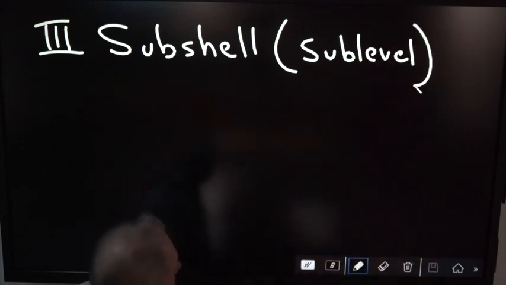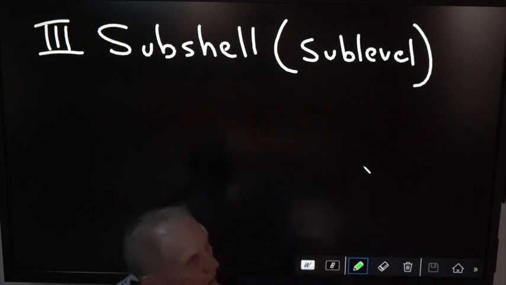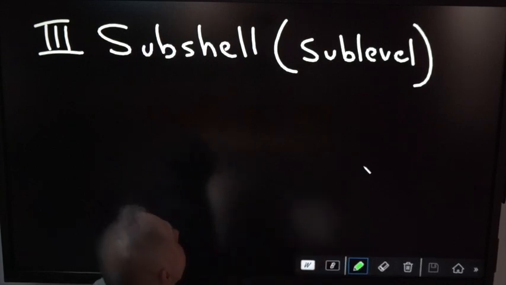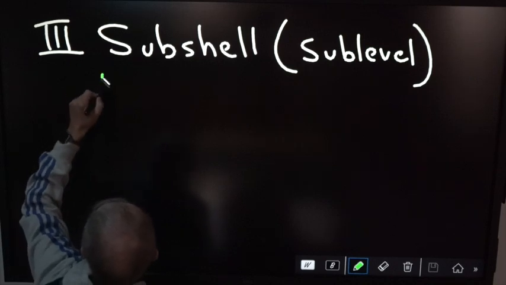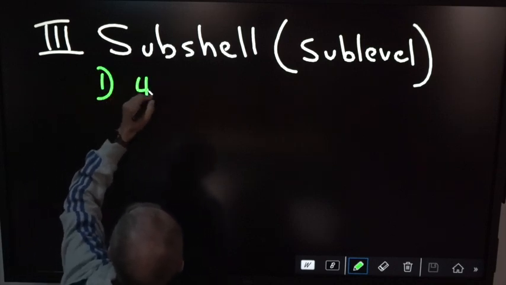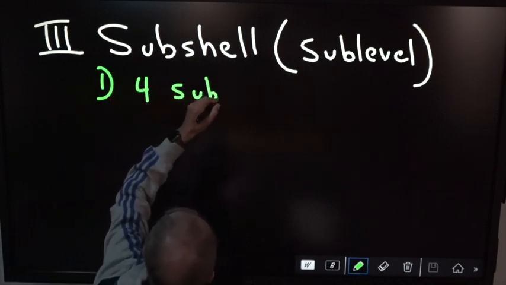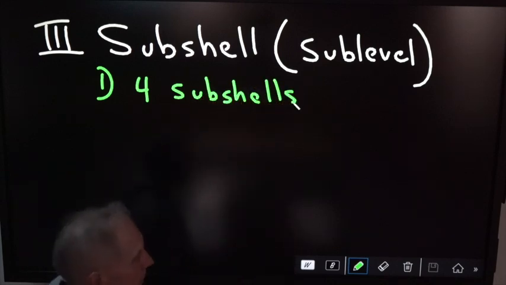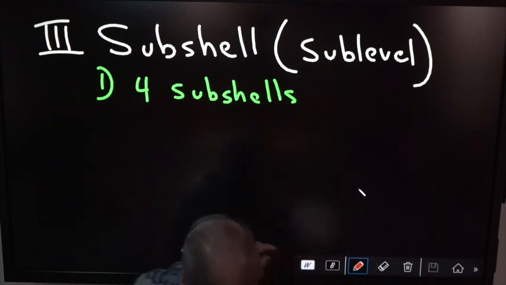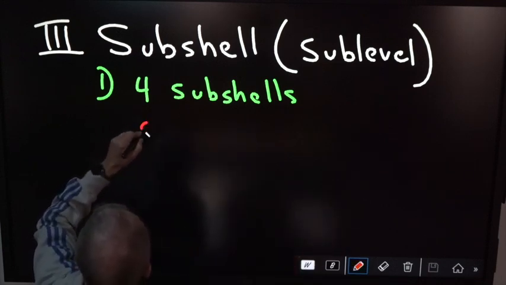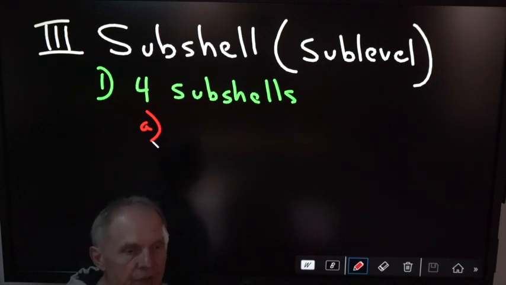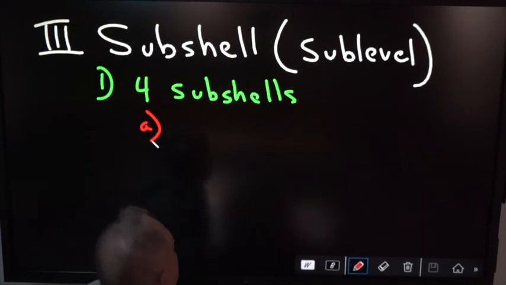Now, there are 4 subshells. So, the first subshell is called the S subshell.